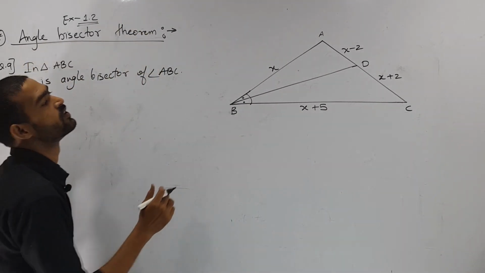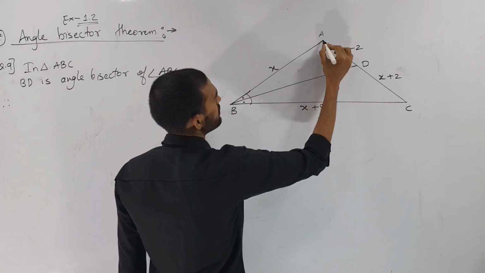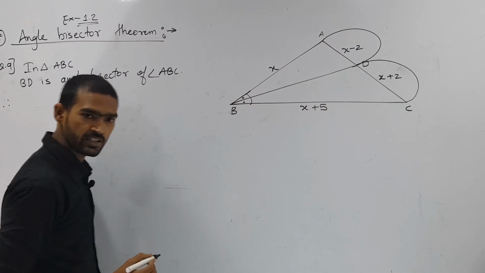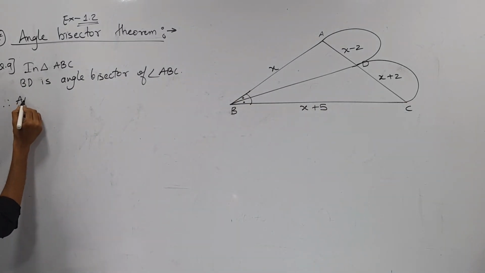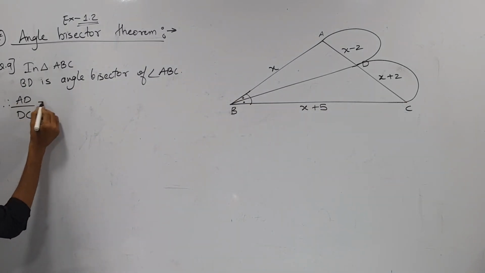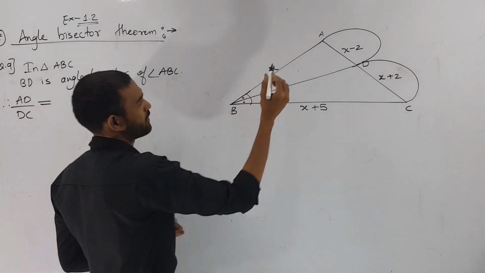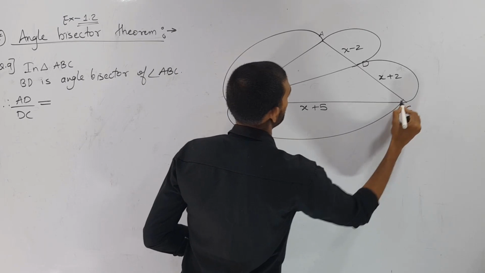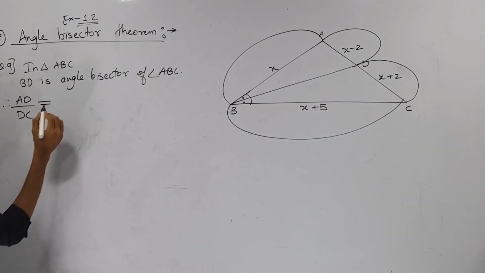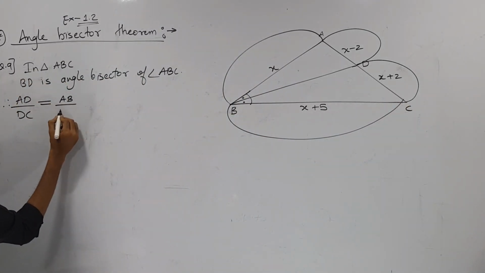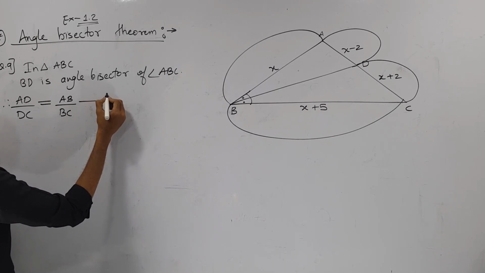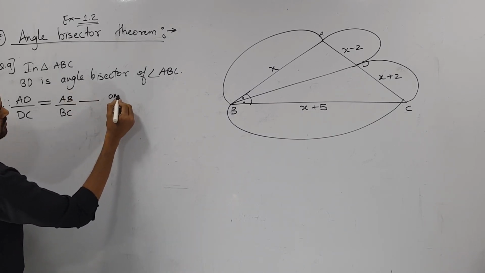Let us apply. So we'll start with A. AD upon DC is equal to, again back to A, AB upon BC. Clear, students? Now we'll write the property. What is this property?